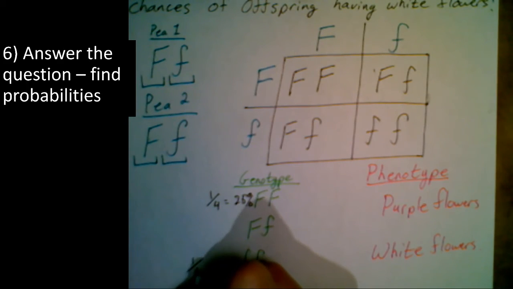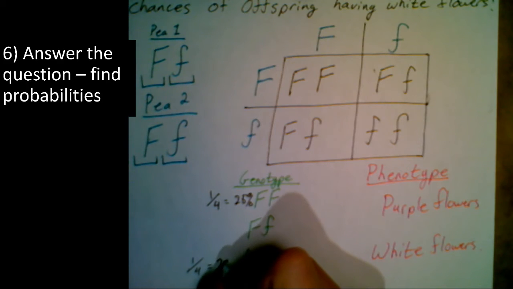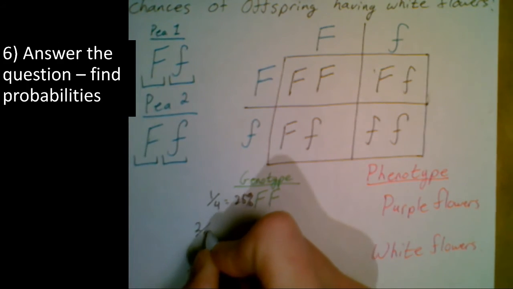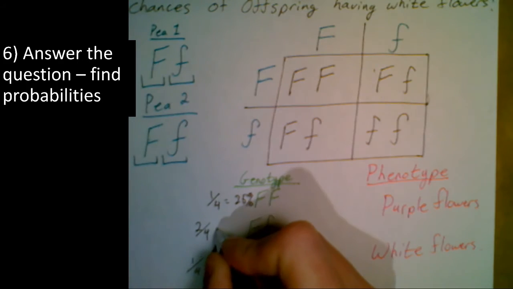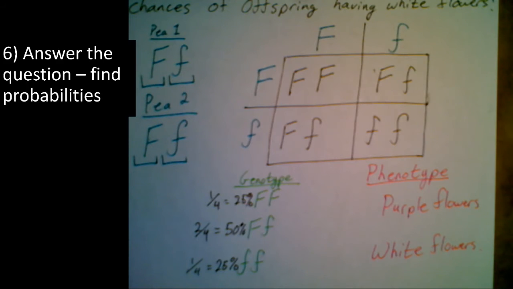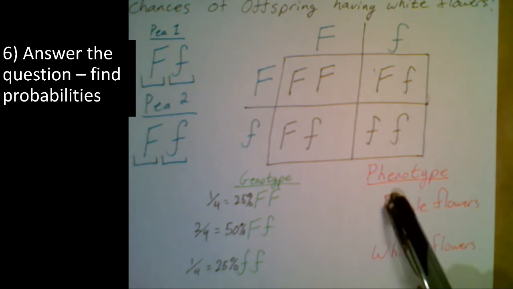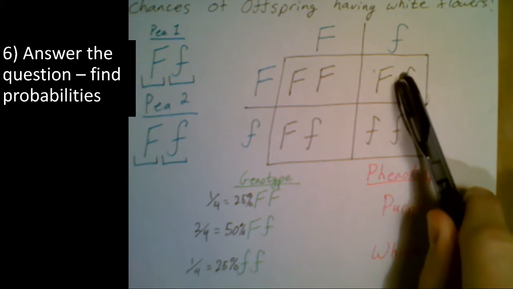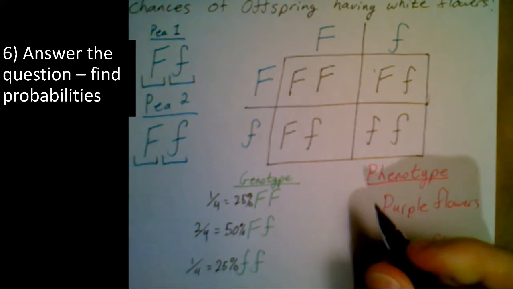Same thing, a 1 out of 4 chance that they're going to be homozygous recessive. A 2 out of 4, or 1 out of 2, however you want to say that, but 50% chance of being heterozygous.